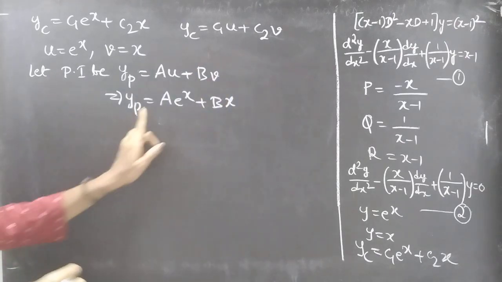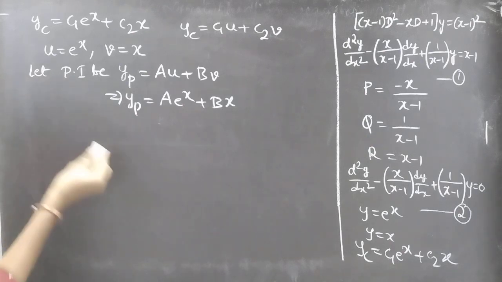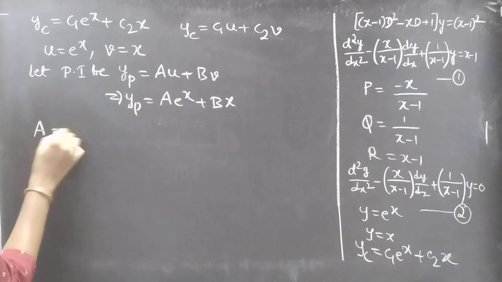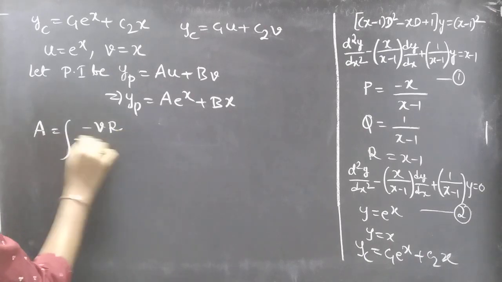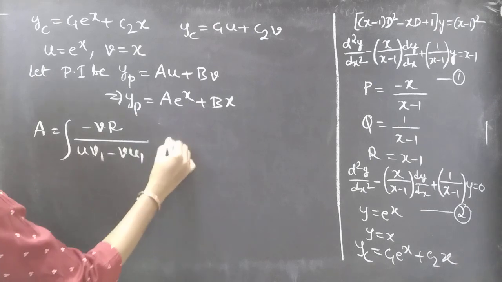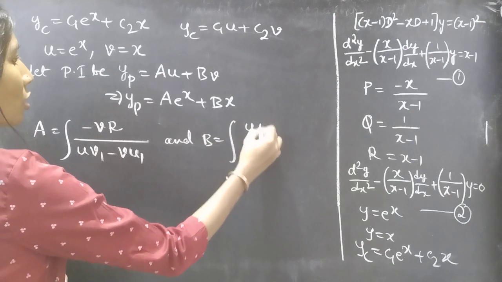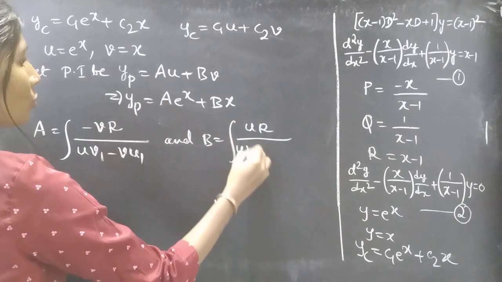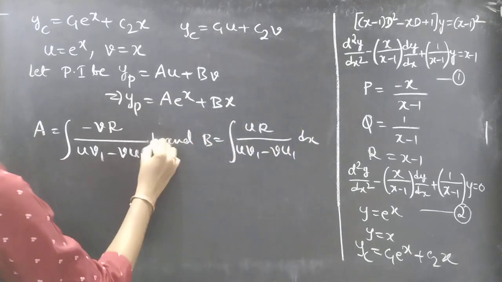Now we need to find a and b using the variation of parameters method. We'll have two formulas: a equals minus integral of vr by uv1 minus vu1 dx, and b equals integral of ur by uv1 minus vu1 into dx, right?